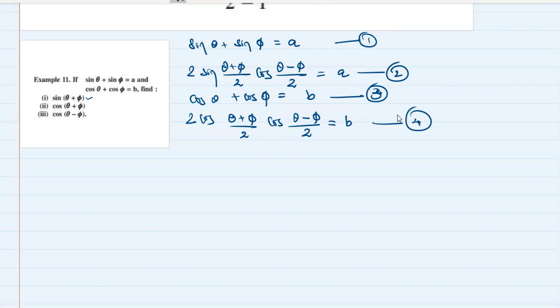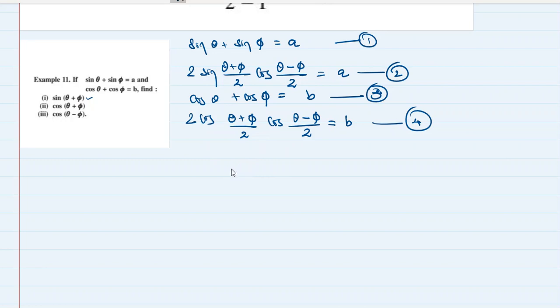Now, there is one interesting thing which is happening over here. We have a relationship which we can obtain by dividing equations 2 and 4.